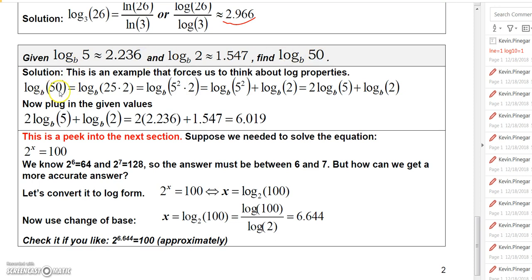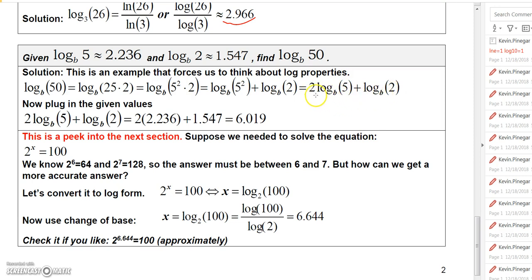I can write 50 as actually 5 squared times 2. So log of 50 would be the same as the log of 5 squared times 2. And then I could use my log properties to rewrite this as log of 5 squared plus the log of 2. And then I can take the log of 5 squared and write that as 2 times the log of 5. So I have 2 times the log of 5 plus the log of 2 base b.